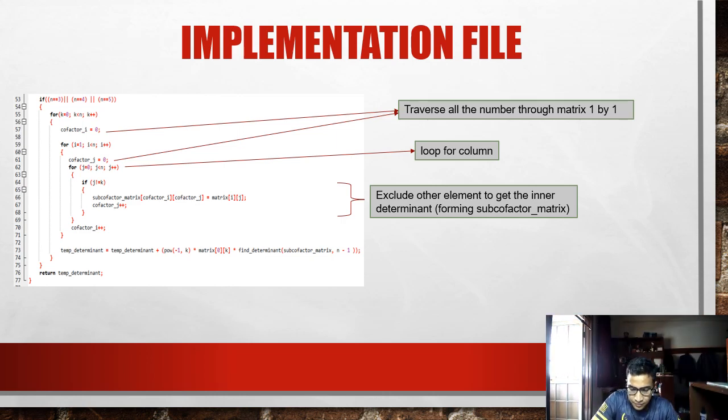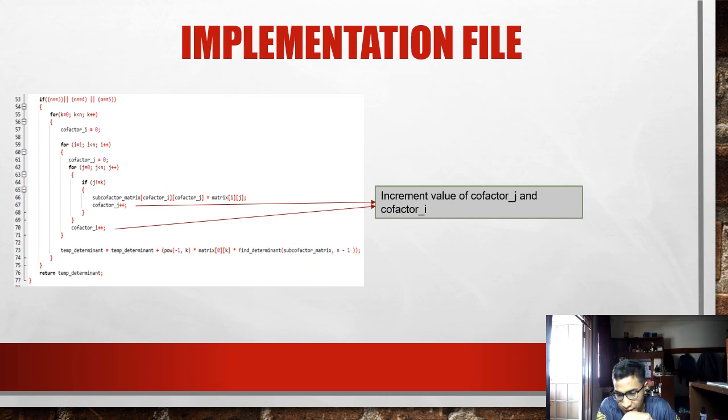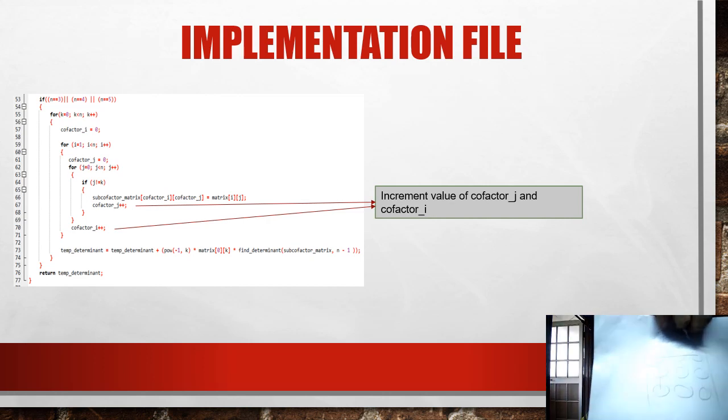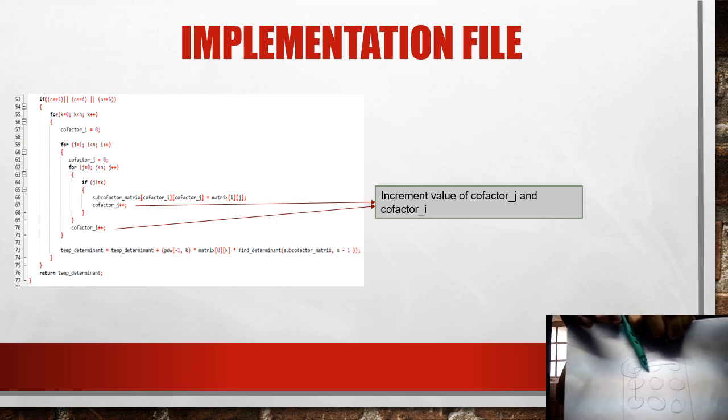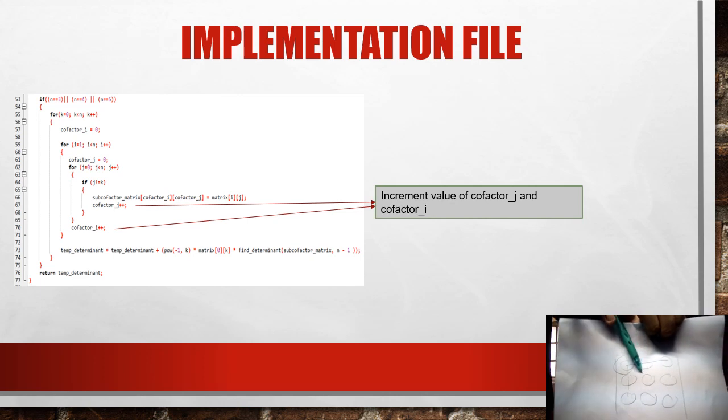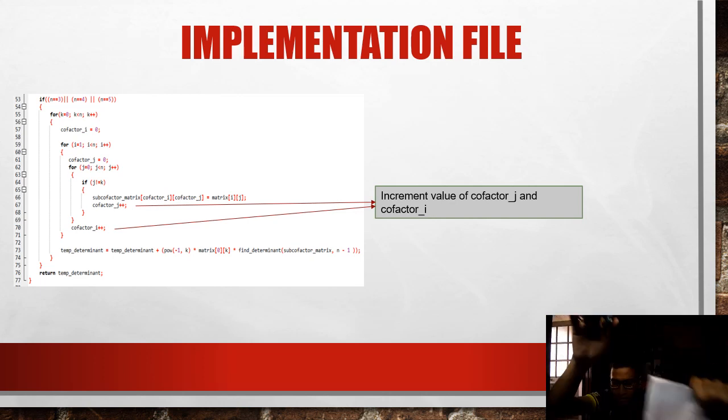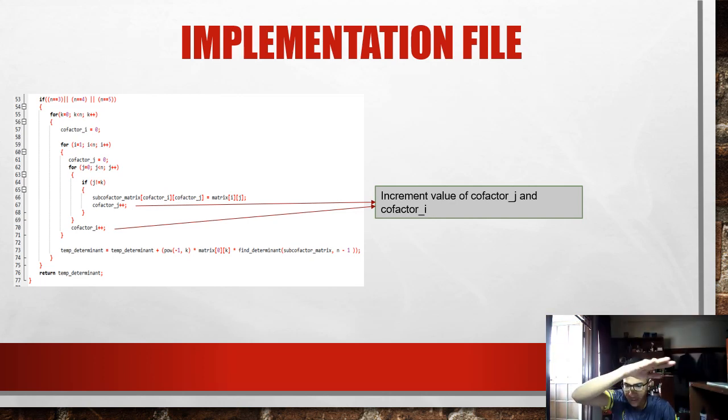And then cofactor J++, cofactor I++, that means increment the value of cofactor J and cofactor I. Then the lines will form a T: this guy will be the target, and to find the determinant we need to find a line.